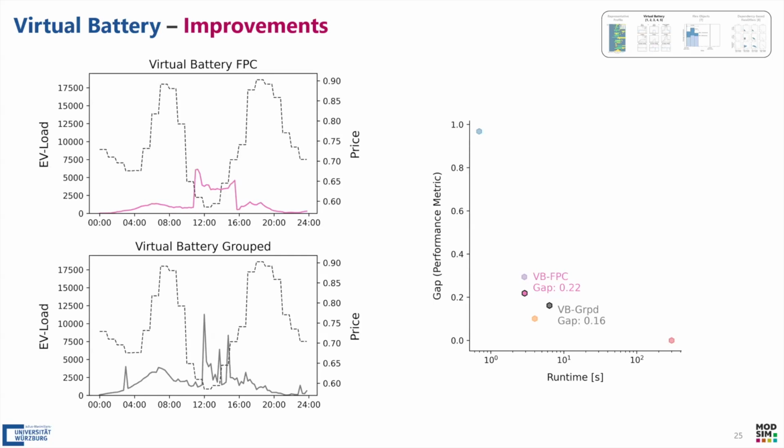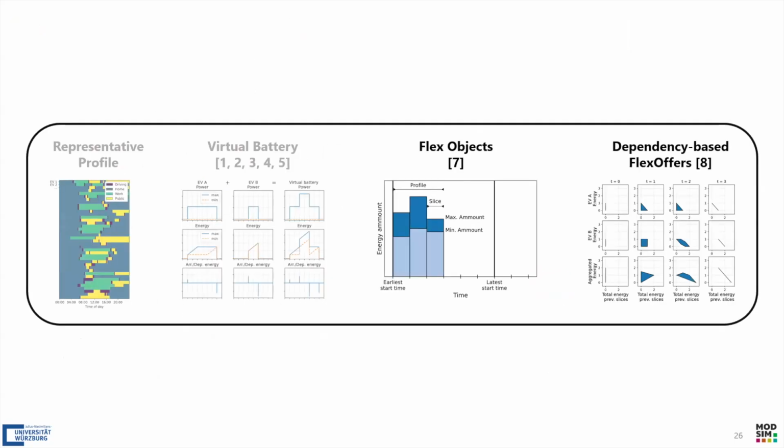And it would be nice to have something that underestimates the flexibility, so we can just stop after the optimization step and have something that is provably feasible. We don't need to disaggregate. And this can be done with the flex offer or flex object and the dependency-based flex offer methods.